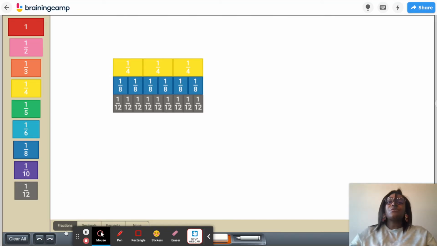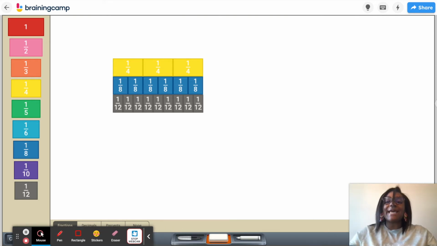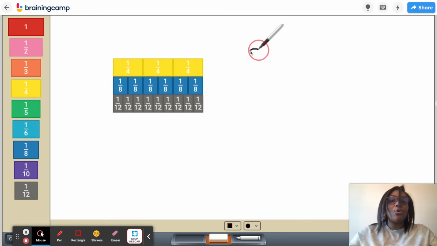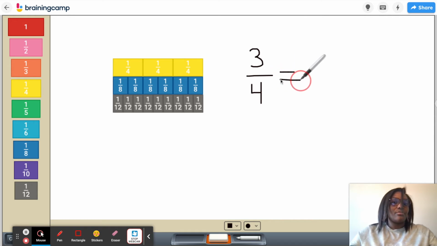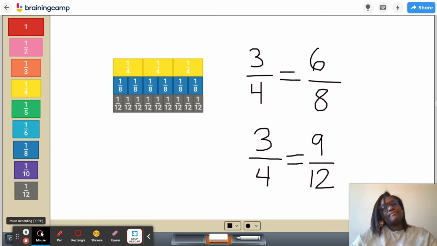When they show this, encourage them to actually write what those fractions are. Encourage them on their Brainycamp screen to write 3/4 equals 6/8, and then also write 3/4 equals 9/12.